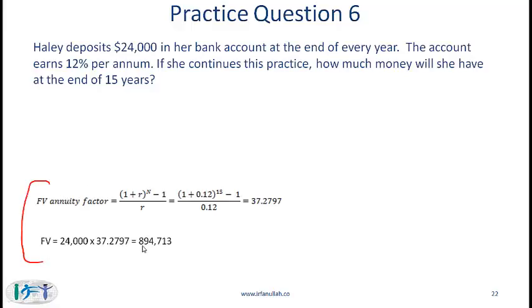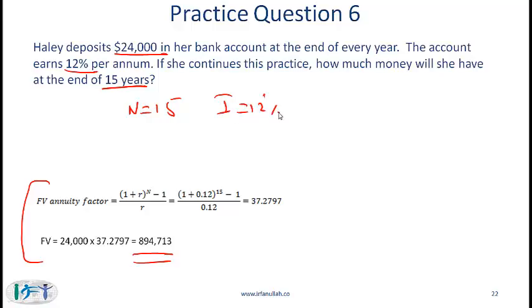So either you can use the formula and get this answer, or what you can also do, and the recommended method, is to use the calculator. So let's look at what we will plug in the calculator. Notice that she is depositing 24,000 a year for 15 years. So n is equal to 15. We are told that the interest rate is 12%.